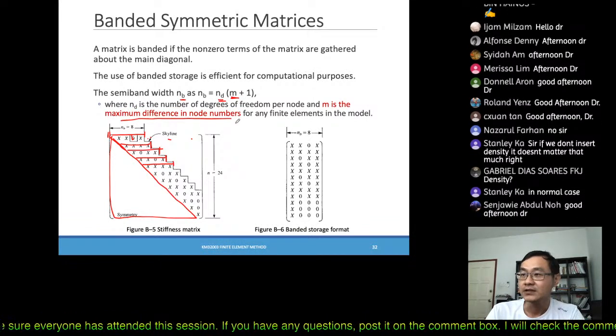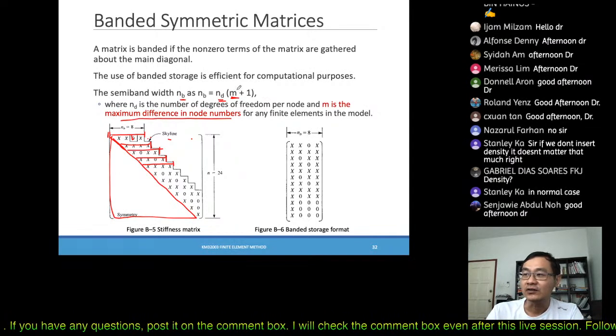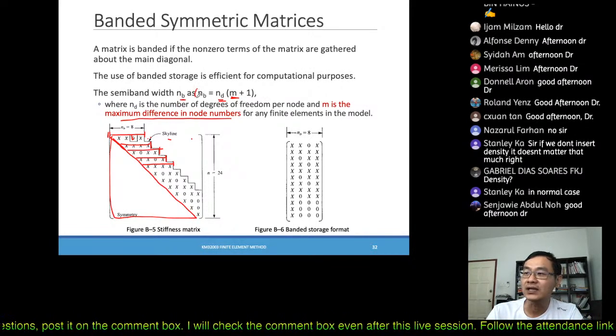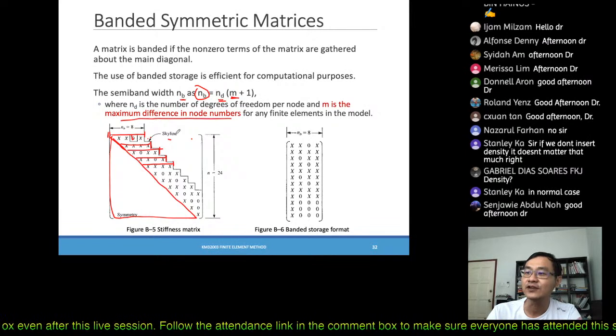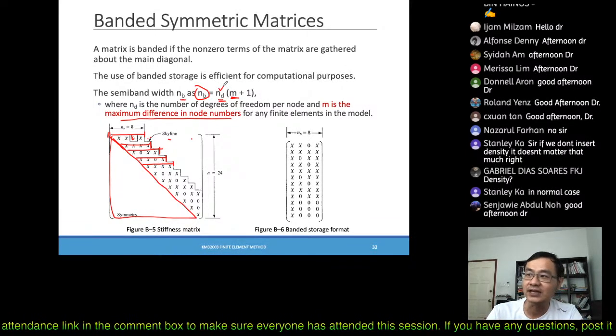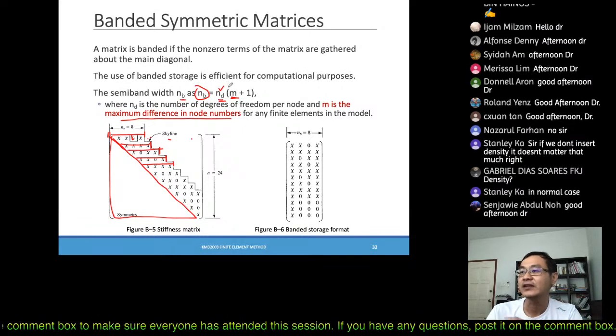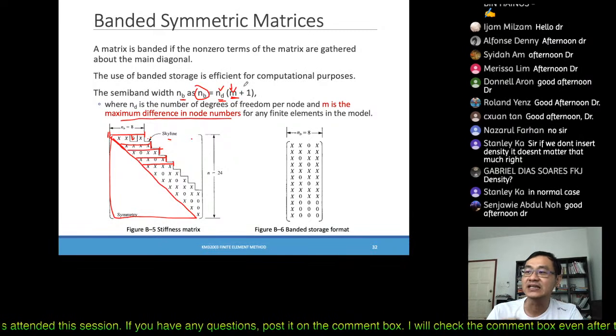So this M is important, in order to have a smaller semi band, or the band itself. The degree of freedom we cannot control, it's fixed per node. Therefore we can only control this maximum difference in the node number.